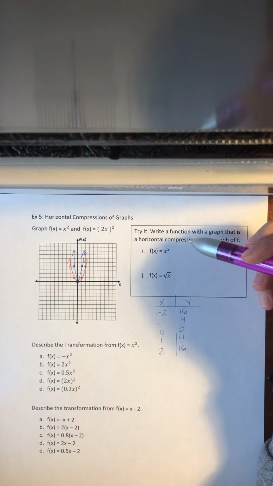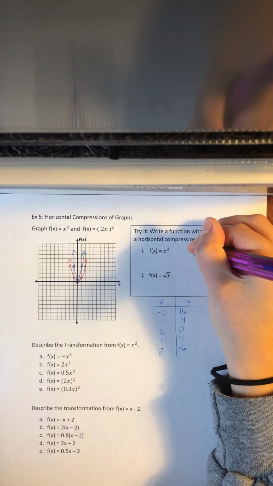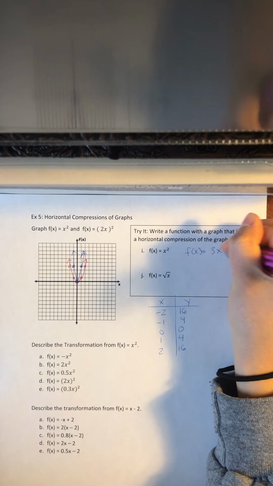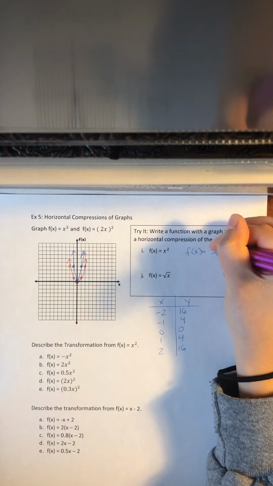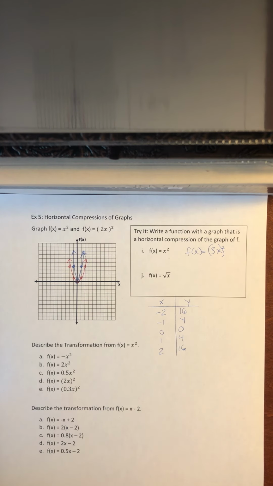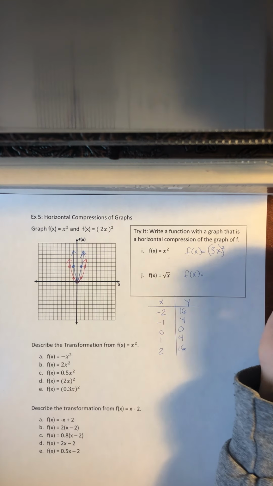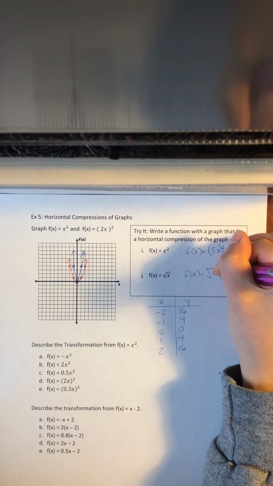You want a value that is greater than 1. So let's do f of x equals 3x squared. You have to put it in parentheses. And then for this one, we'll do f of x equals, make sure it goes under the radical, 4x.